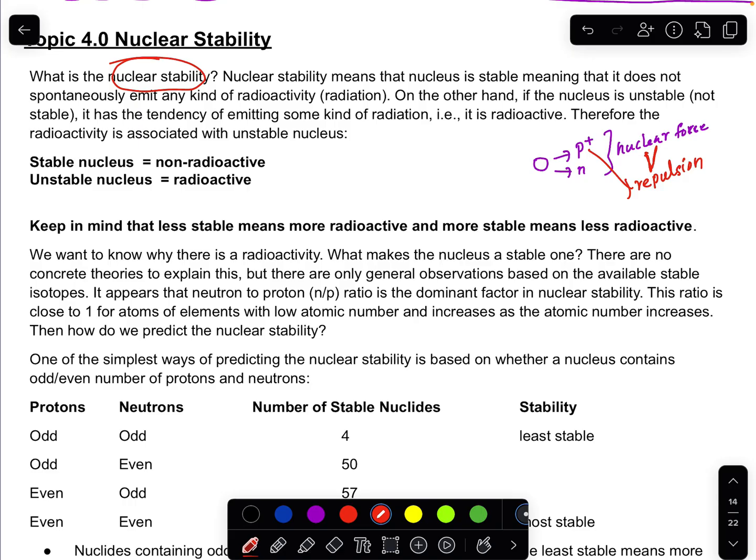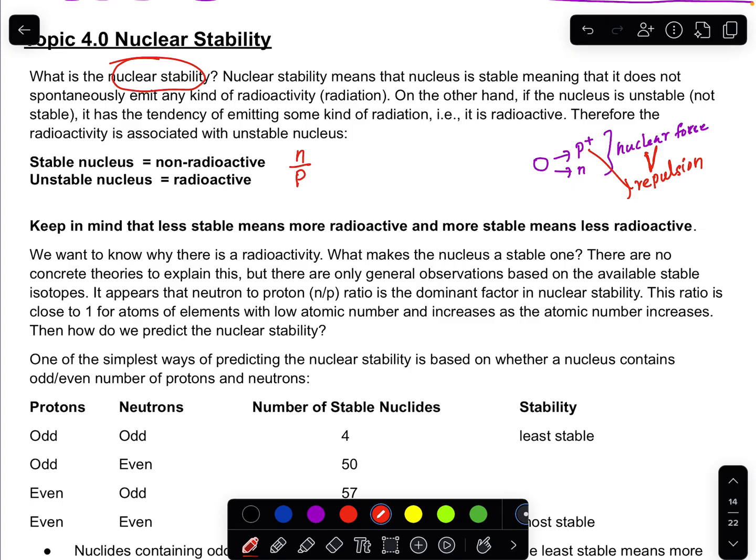So what are the conditions which cause nuclear stability? The first condition is the right ratio of N by P. Too many neutrons or too many protons will cause problems.